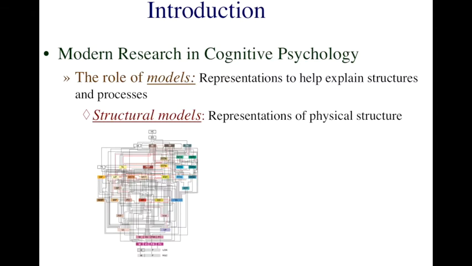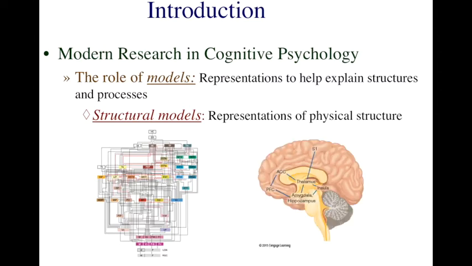For example, this is a wire diagram of our entire visual system. Input comes from the eyes into this end, and then goes to higher and higher, different types of processing. Our visual brain at the back of our head has over 40 different areas used for processing visual information. This is the more traditional type of structural model in the brain.